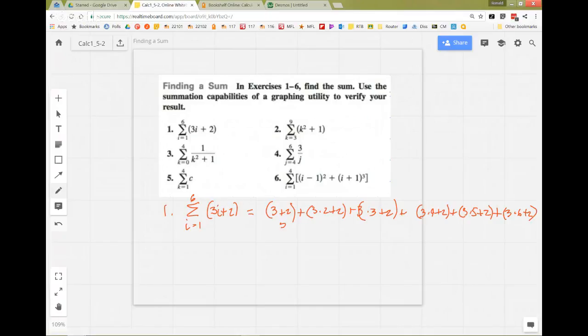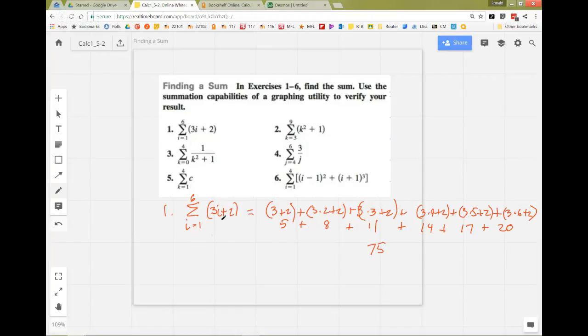Okay, so here we have a 5, 8, 11. You're seeing a pattern here. 14. Each time it's going up by 3, right? 17. And 20. Now add those all up, and you'll get 75. Answer, 75.